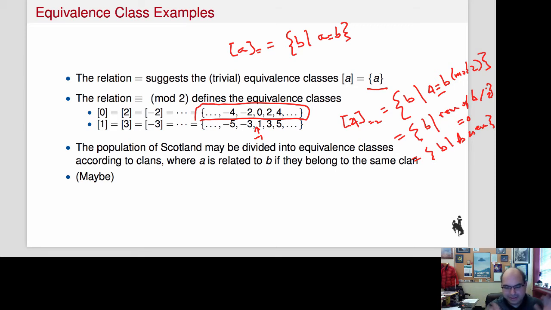Maybe, it can be ambiguous. Half of my ancestors are for the MacTaggarts, the other ones are for the MacDuffs. Let's ignore that. But still, you could see how that would work, and then you have, you know, Bob is equivalent to Fred if they actually come from the same clan.